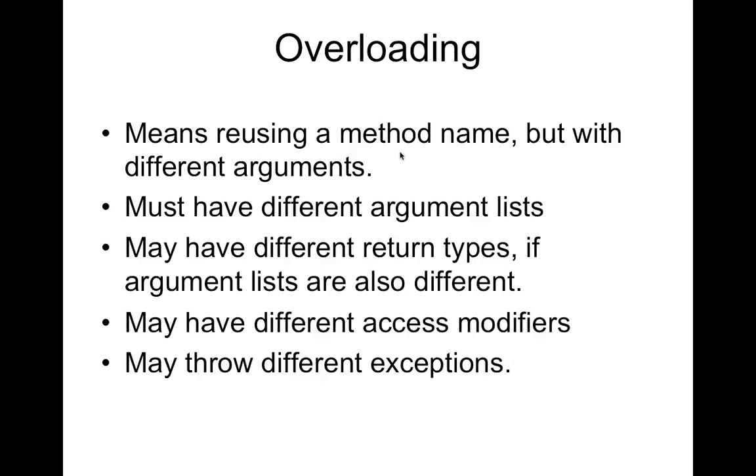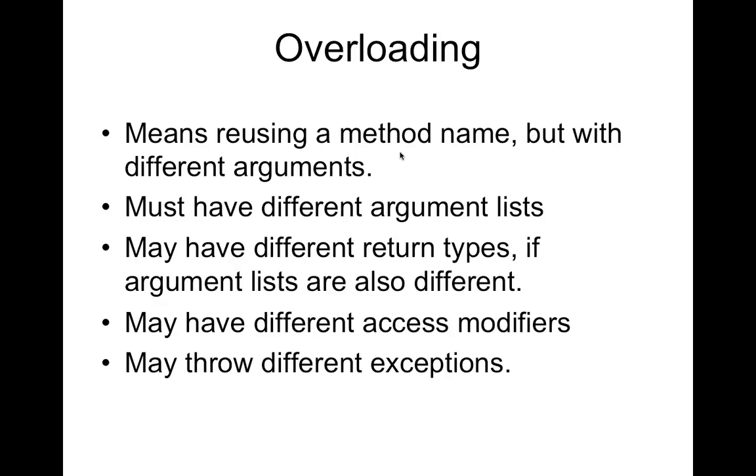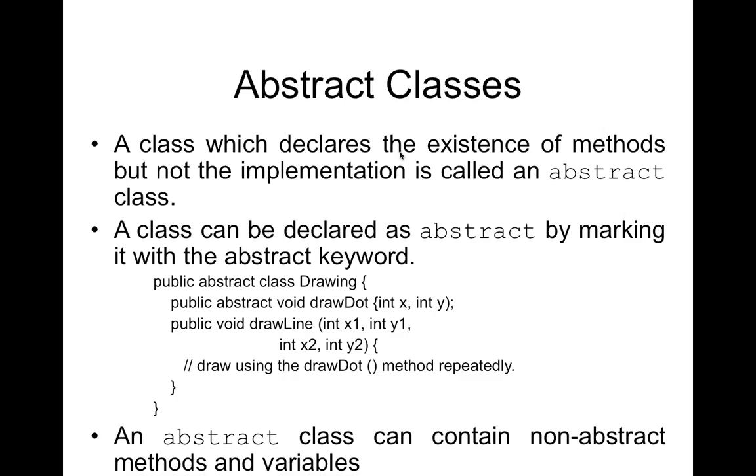It must have a different argument list, may have different return types if the argument lists are also different, may have different access specifiers, no restrictions there, and may throw different exceptions. So just be clear on overloading and overriding and don't get confused between those two. This is one of the most important interview questions if you're attending any interview.